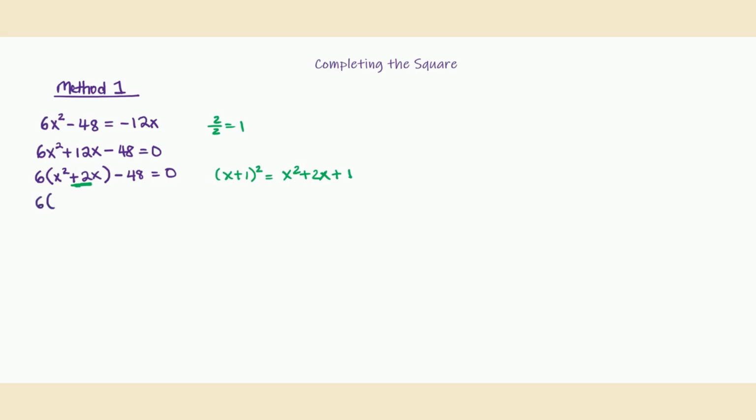So 6 times x squared plus 2x plus 1. But remember that we have to subtract 1, minus 48 equal 0.